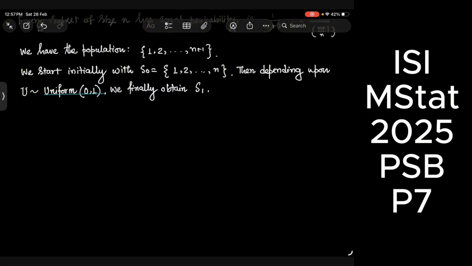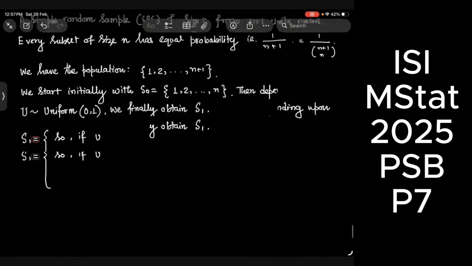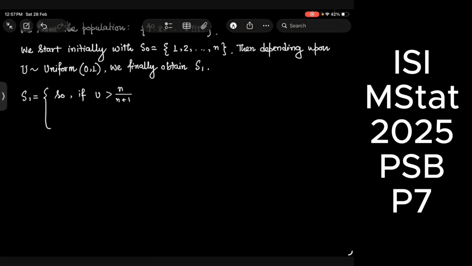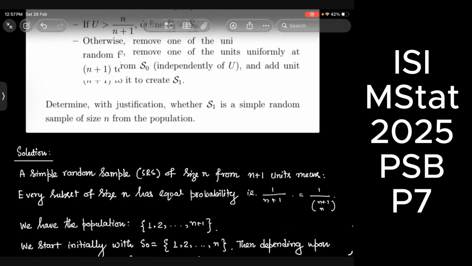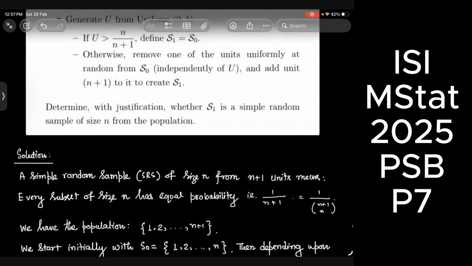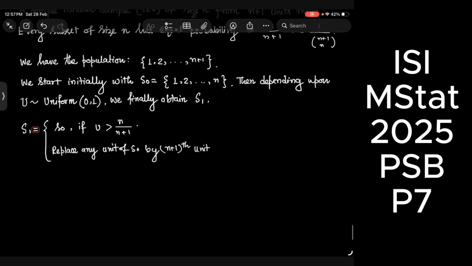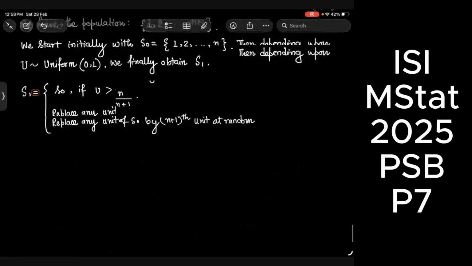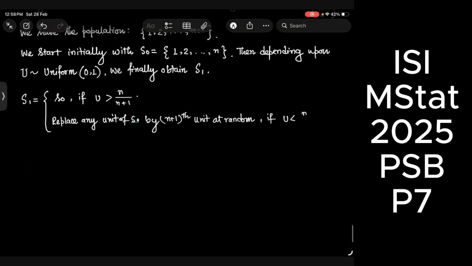So what is S1? S1 is equal to S naught if U is greater than n by n plus 1. Otherwise, replace any unit of S naught by the n plus 1th unit at random, if U is less than n by n plus 1.